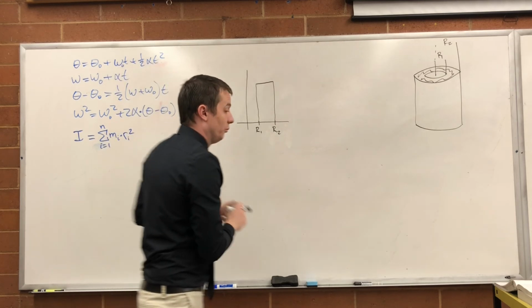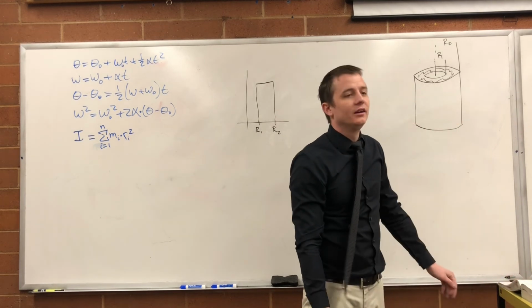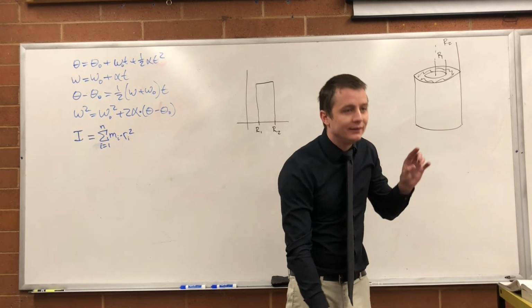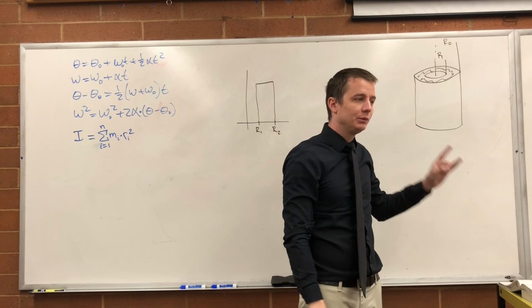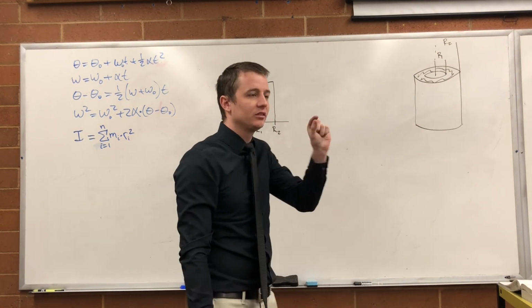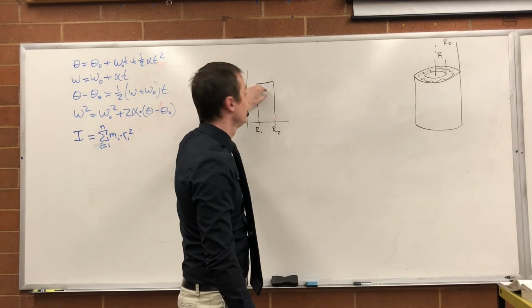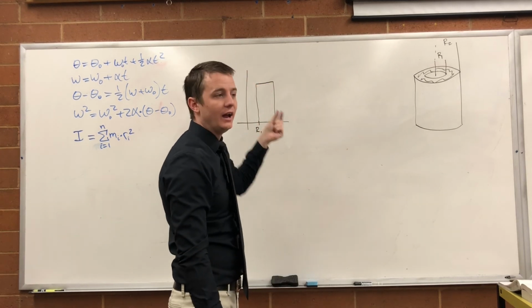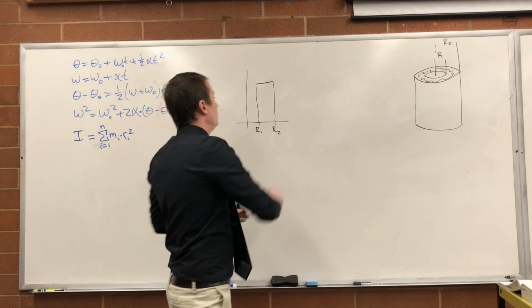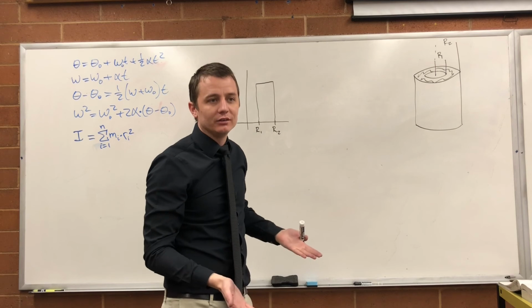So the moment of inertia of this thing. First off, we're assuming that this thing is uniform in density. Any little piece of mass, if I grab the same size of this cylinder, it has the same mass. If I grab 1 cubic centimeter from the top and 1 cubic centimeter from the bottom, those both weigh exactly the same.